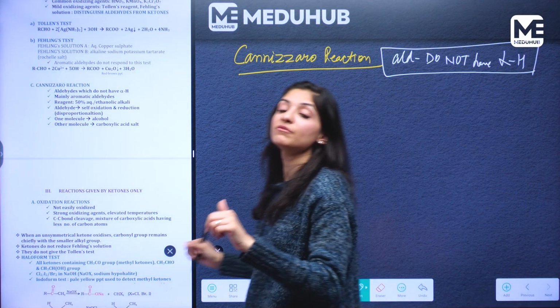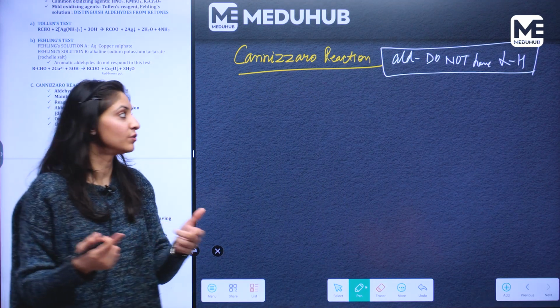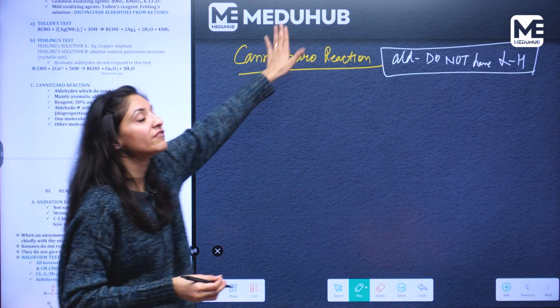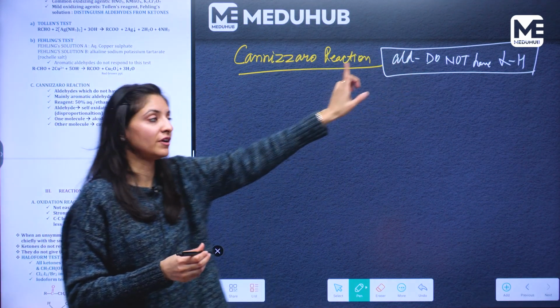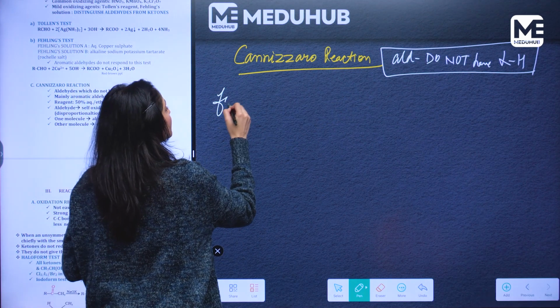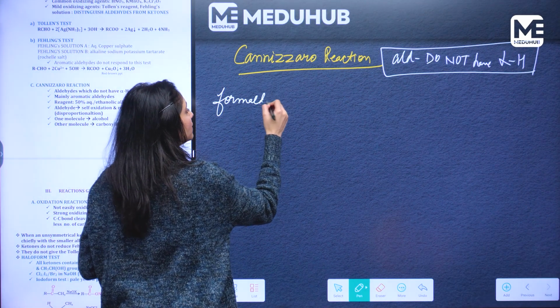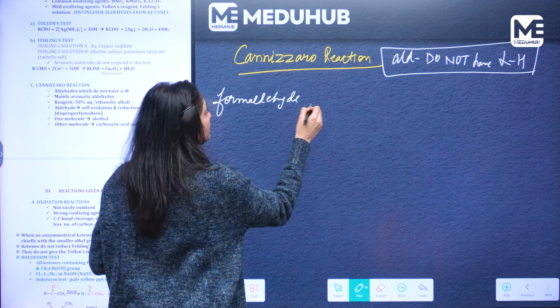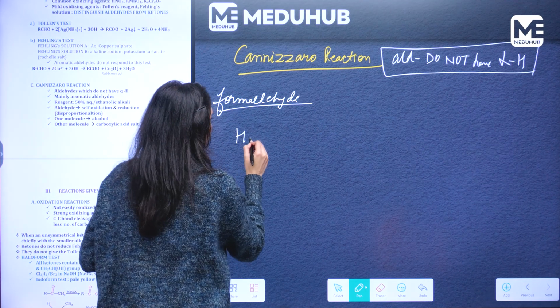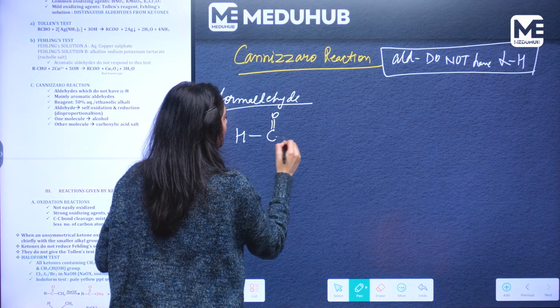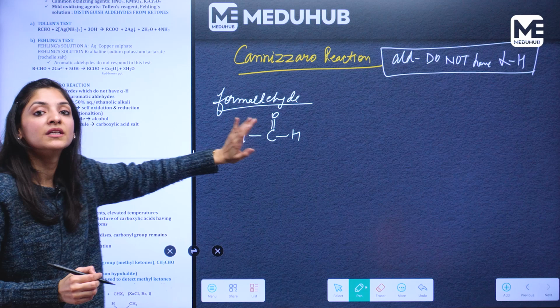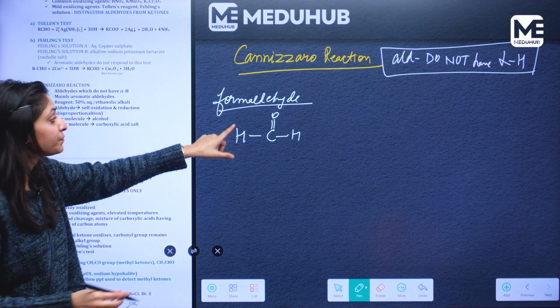Aldol condensation is given by aldehydes which have an alpha hydrogen. Cannizzaro's reaction is given by aldehydes which do not have an alpha hydrogen. So, if we have formaldehyde, this will undergo Cannizzaro reaction.